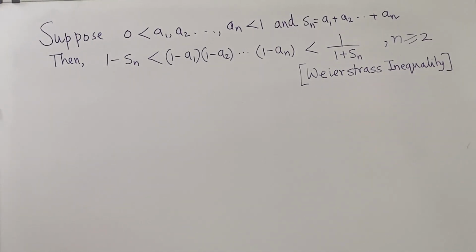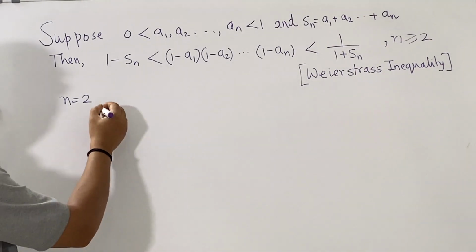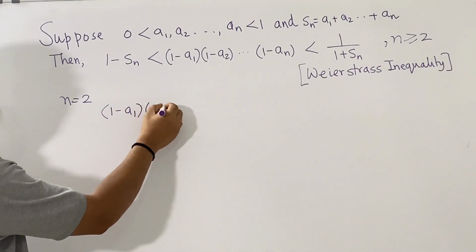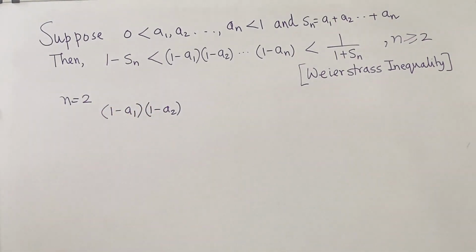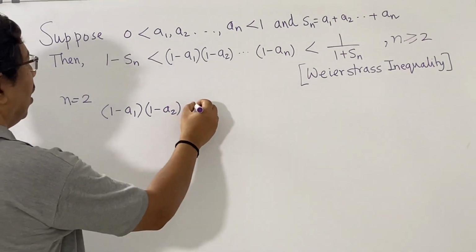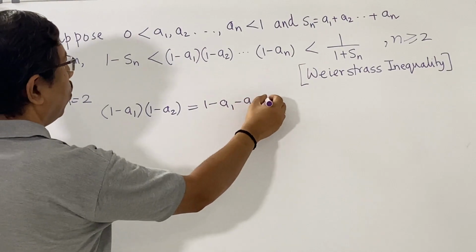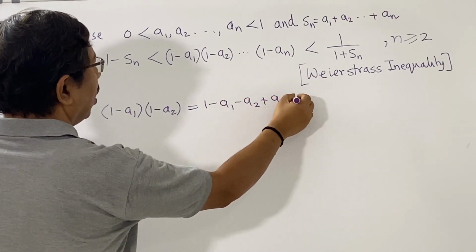Now we will prove this using the method of induction. So we start with the case when n is equal to 2. We are going to prove this result when n is equal to 2 as a first step. Now note that (1 minus a1)(1 minus a2), if you expand this, becomes 1 minus a1 minus a2 plus a1 a2.